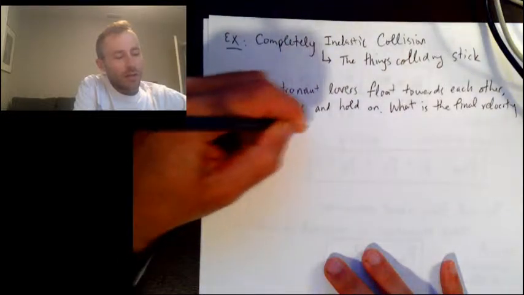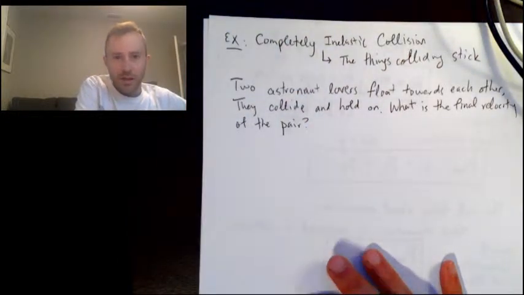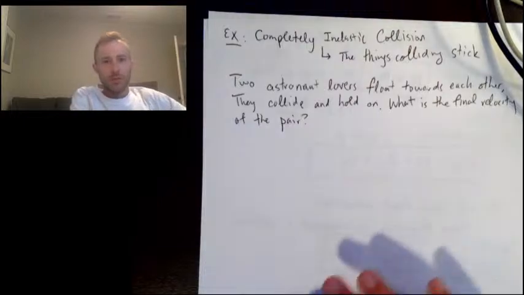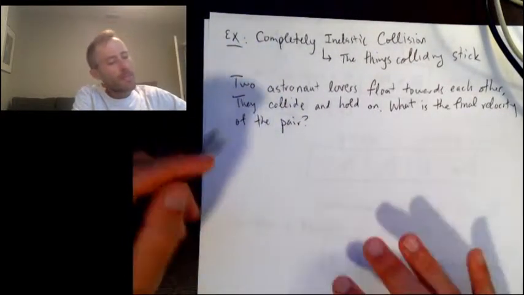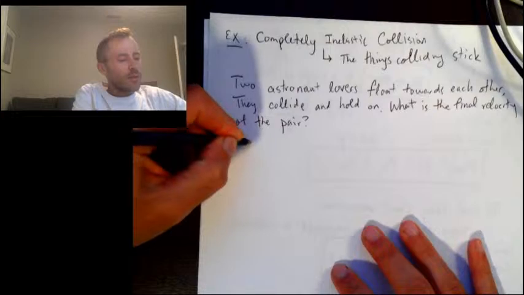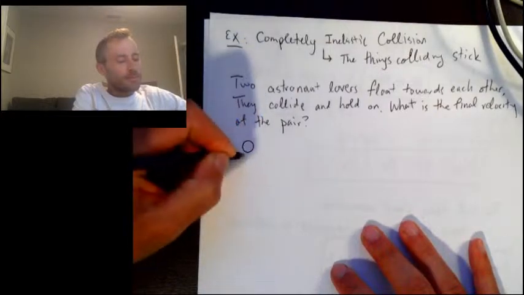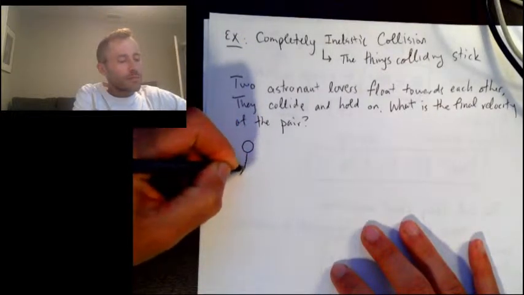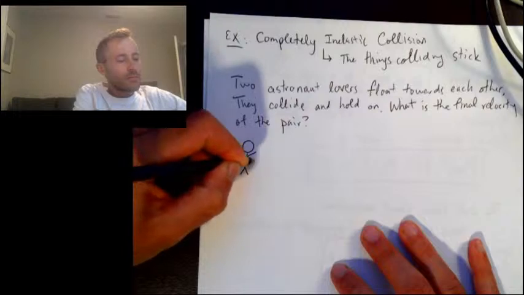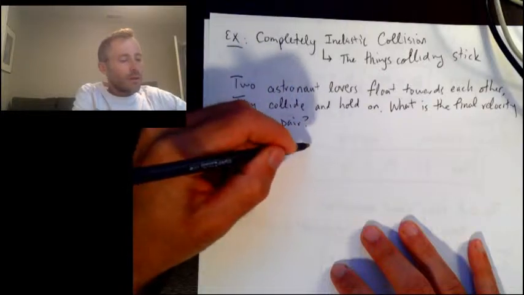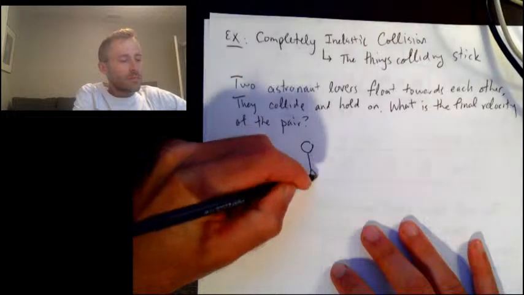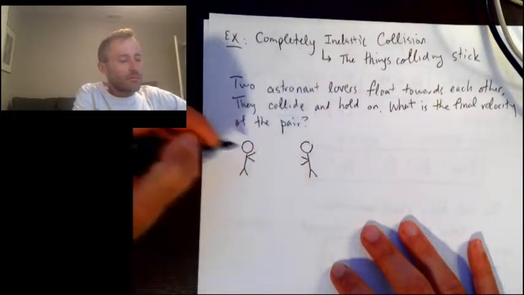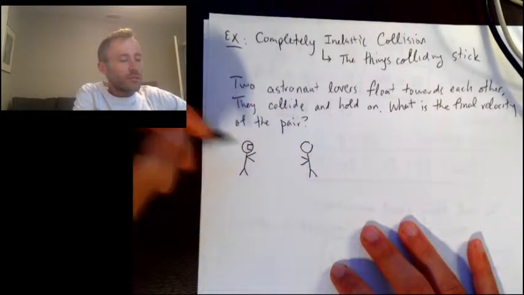Now I haven't given you any data yet, so I'm just going to draw the necessary information into the picture. So we have this astronaut, and we have this astronaut. We'll draw their visors.